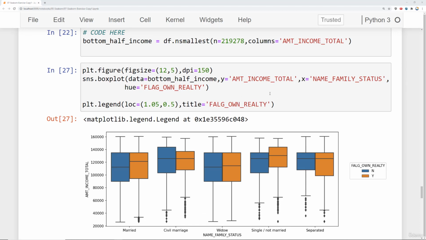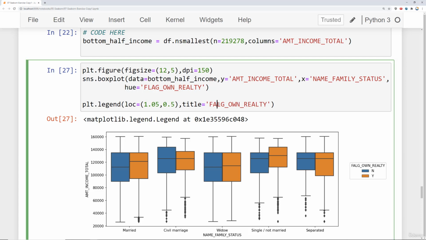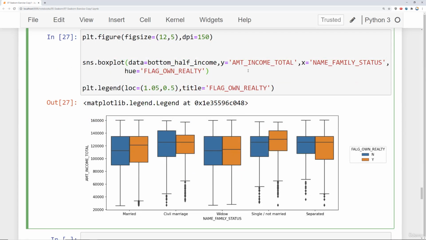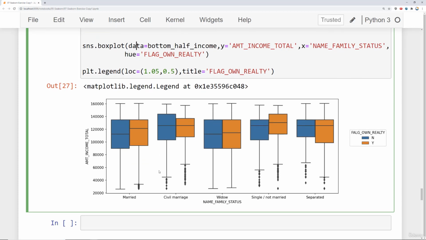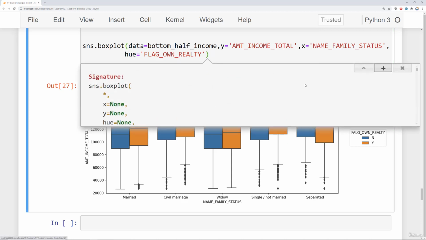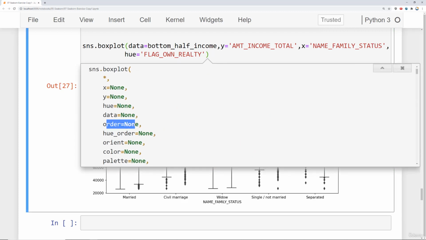And finally, before we move on, something I want to point out is a really common student question when it comes to box plots and trying to match up with a box plot that they've seen: how to specify the x tick order along the groups. And the way to do that is actually really simple. You just expand on this and you'll notice there's this order parameter.